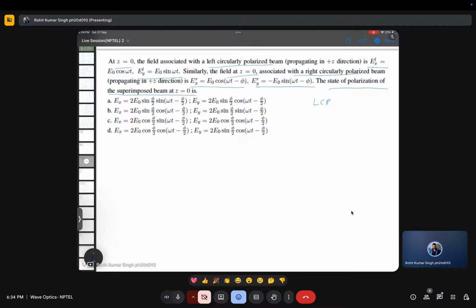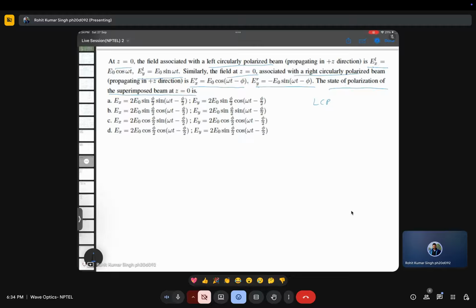So we have to calculate the state of polarization of the superimposed beam.